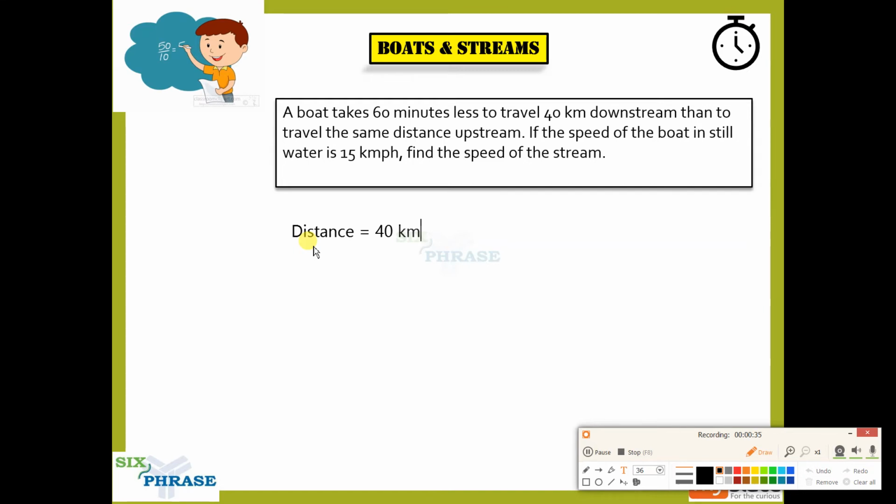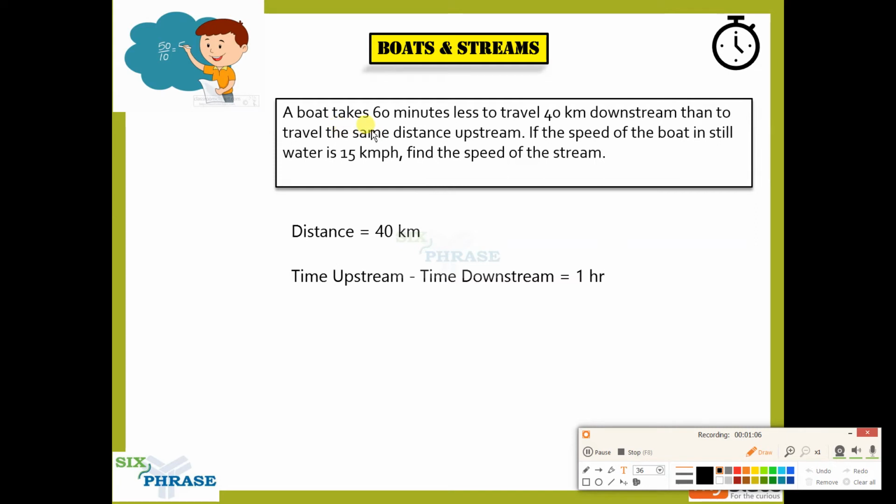And it says the time taken by the boat to cover this downstream. Okay, so we can mark it as time upstream minus time downstream is equal to what? Is equal to 60 minutes or 1 hour. Yes. Because time upstream will be more, that is why I do time upstream minus time downstream.